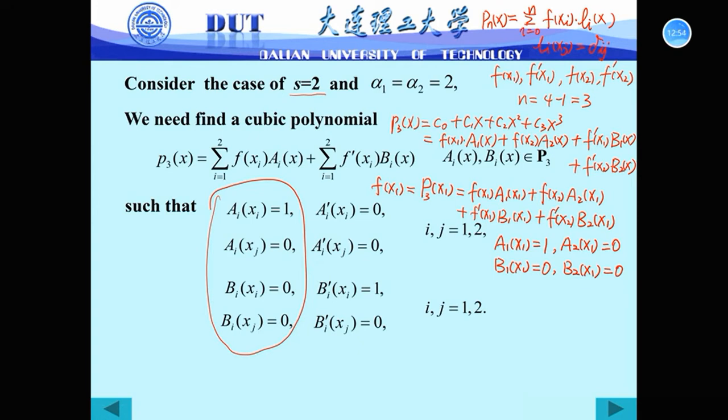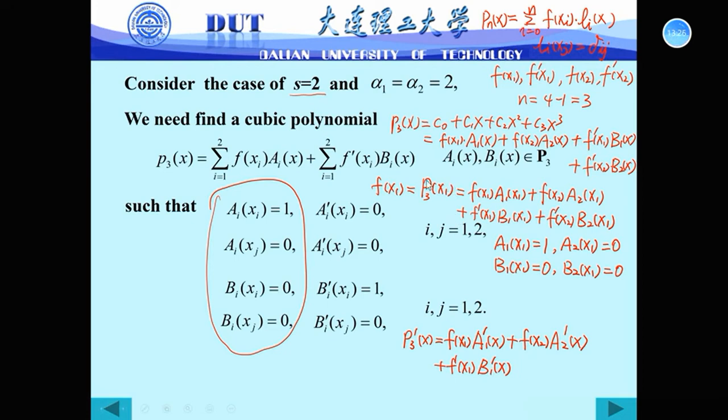If we check the derivative, then the P3 derivative should be f(x1) a1'(x) plus f(x2) a2'(x) plus f'(x1) b1'(x) plus f'(x2) b2'(x).